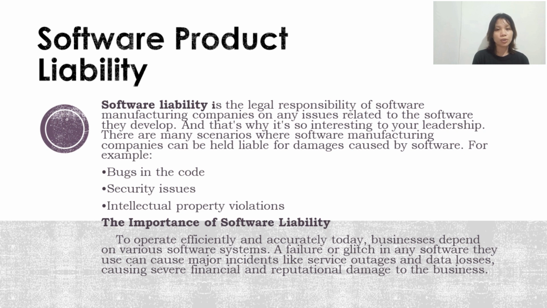If hackers exploit weaknesses in software to steal data or cause harm, the developer may be held liable. Essentially, it is about accepting responsibility for any issues with the software that cause harm to users. Software liabilities are important because they protect users and ensure that software developers are held responsible for any damage caused by bugs or security vulnerabilities.